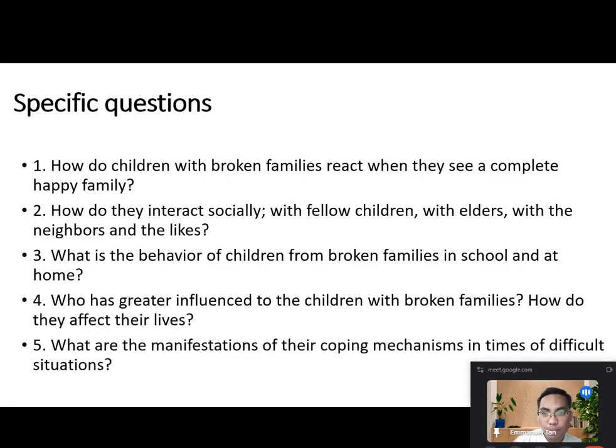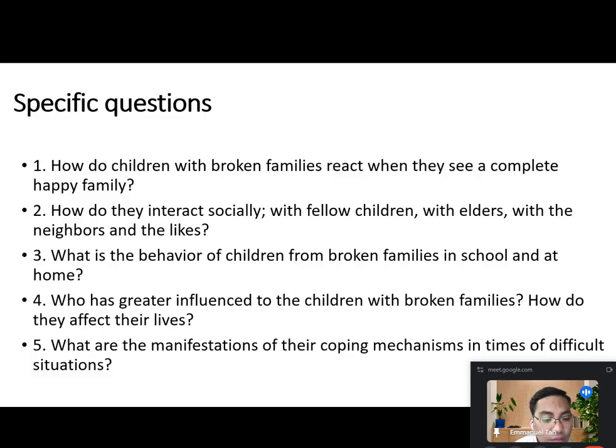Okay? So, the bottom line here is that, kailangan ulit, no, na malinaw sa inyo yung inyong research topic, and then from the research topic, okay, kailangan malinaw din sa inyo yung research problem ninyo.